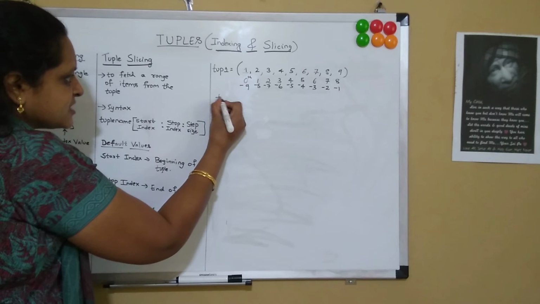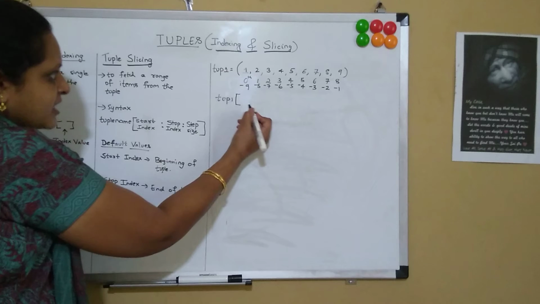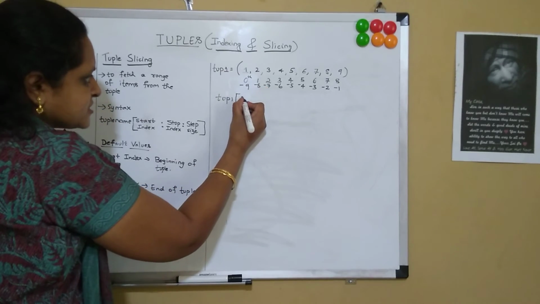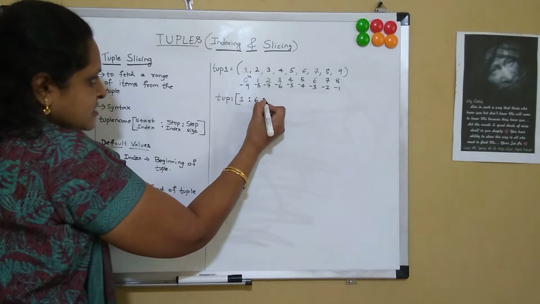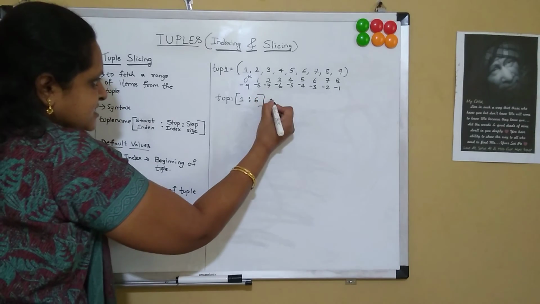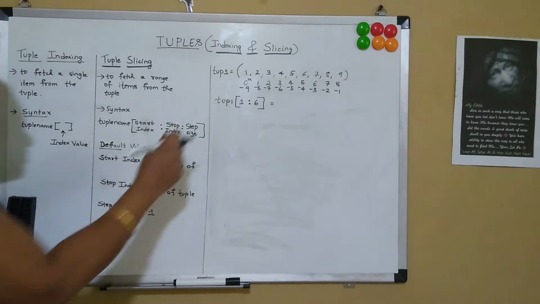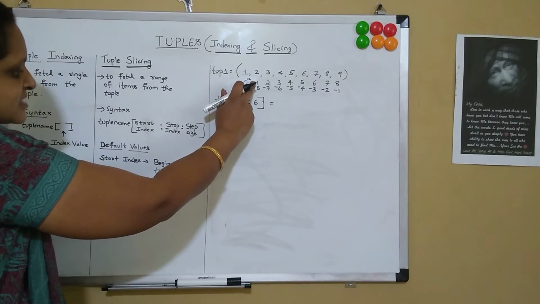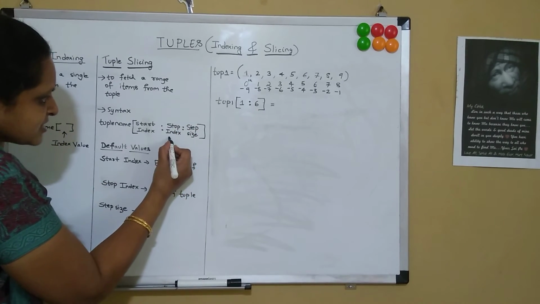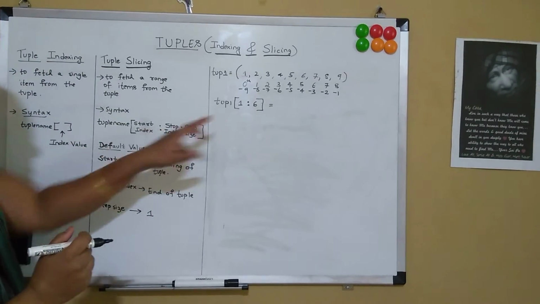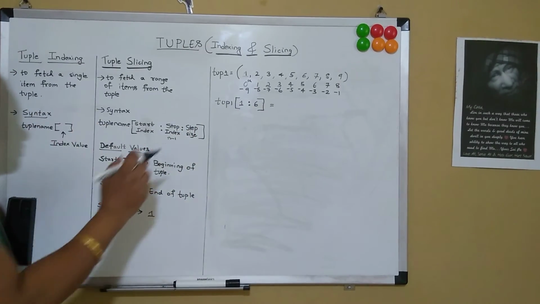So example for this is tuple 1, and I say start index is 1 colon, stop index is 6, 1 colon 6. So in this case my start index is 1. So it will point from the first index. Stop index is 6. So it will always take n minus 1. If the stop index is 6, it will take n minus 1, that is 6 minus 1 equal to 5.